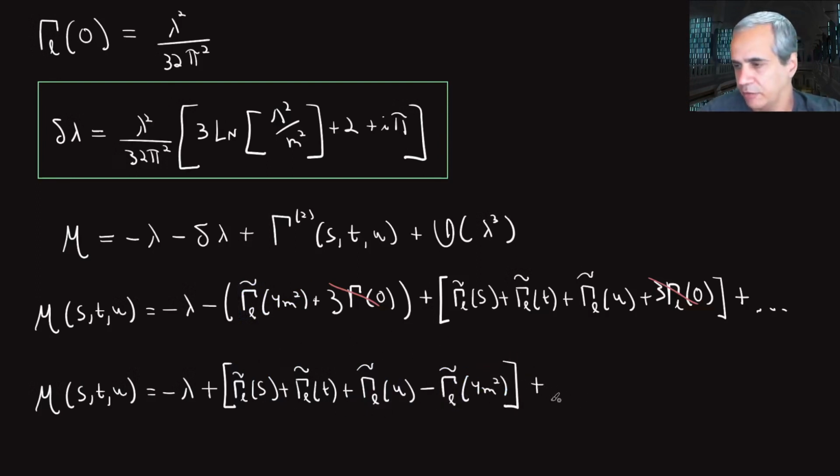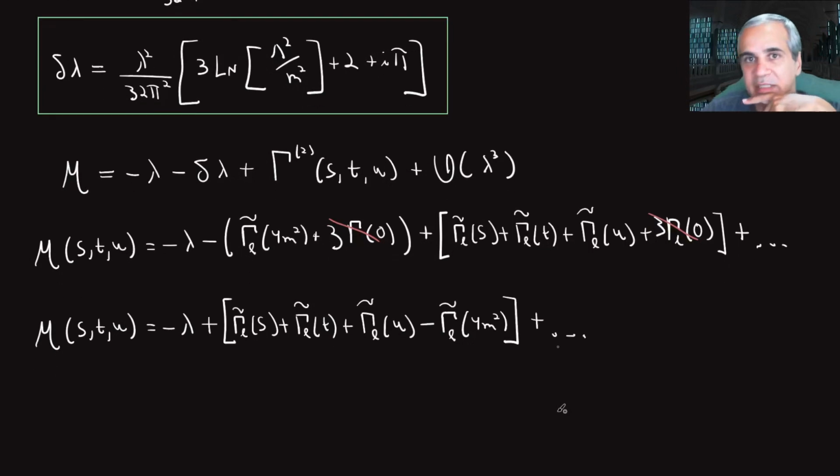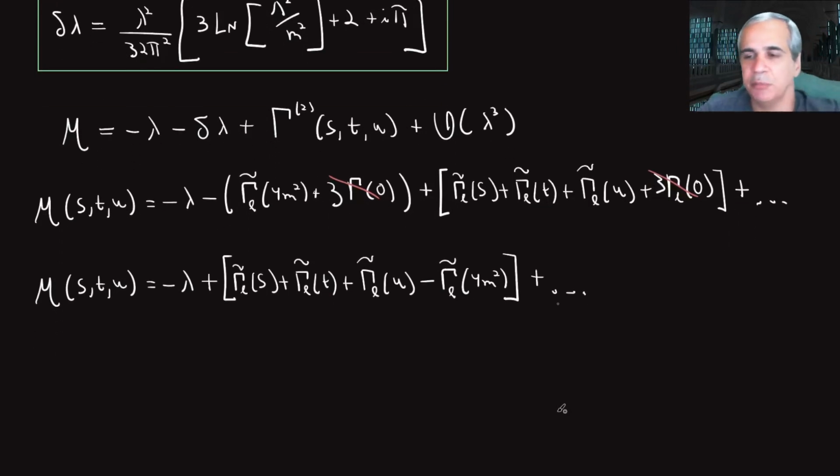Plus higher order corrections. So here is something we have basically predicted before: that once you put one loop corrections in this theory, the matrix element itself will become dependent on momenta. There are 4 momenta going into this diagram. I combine them into these 3 variables, S, T, and U, but you can see that this influences the value of the matrix element.